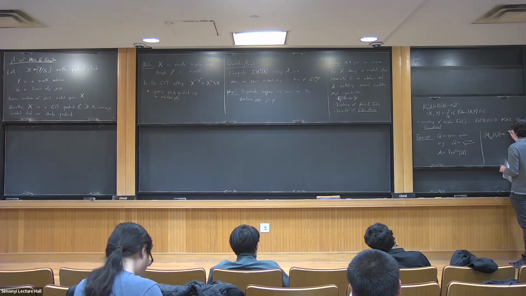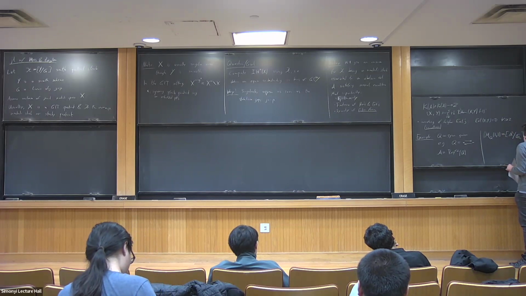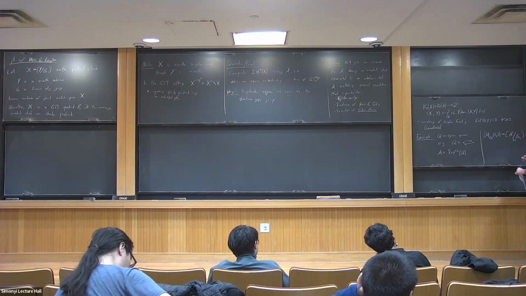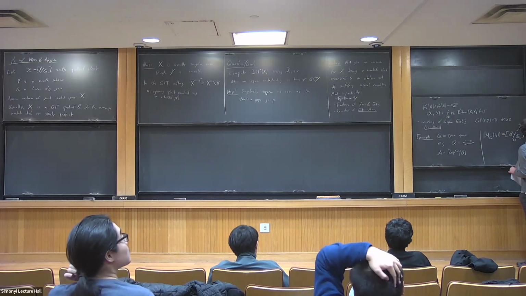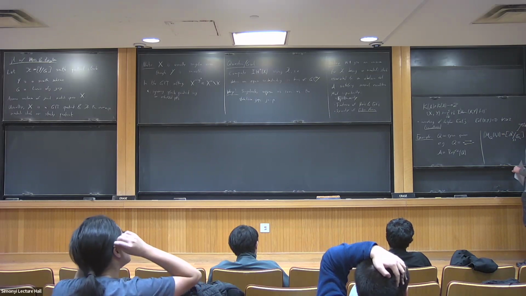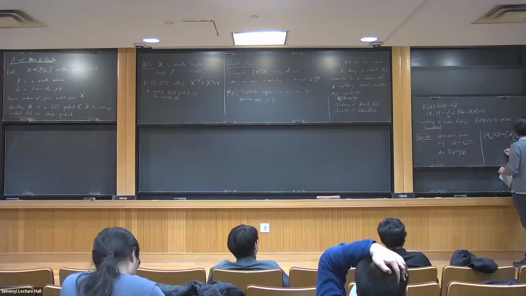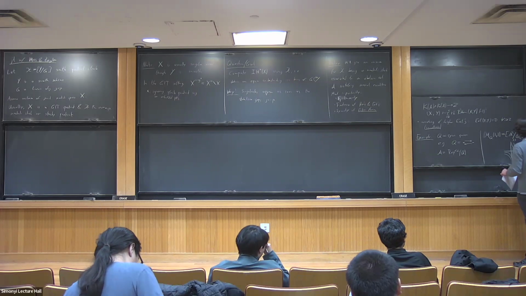As a stack, this will be equivalent to the quotient of the affine space by G_m with respect to the hyperbolic action, by which I mean you have weights plus and minus 1.